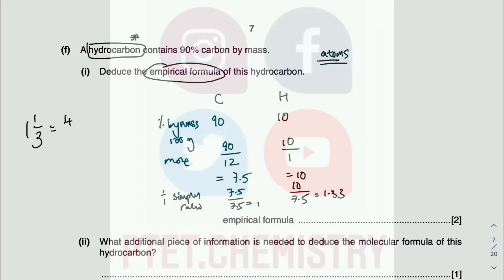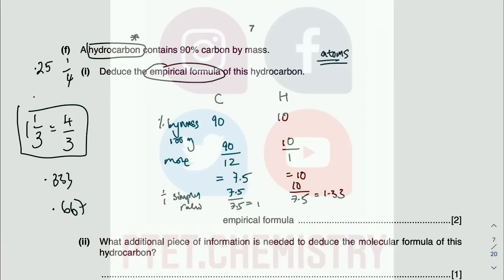It's also the same as 4 over 3. When you see something like 0.33 or 0.67, those are 1 over 3, and this is 2 over 3. Things like 0.25, that's 1 over 4. 0.75, that's 3 over 4. So you can simplify it. Okay, you can simplify it by multiplying by 3.